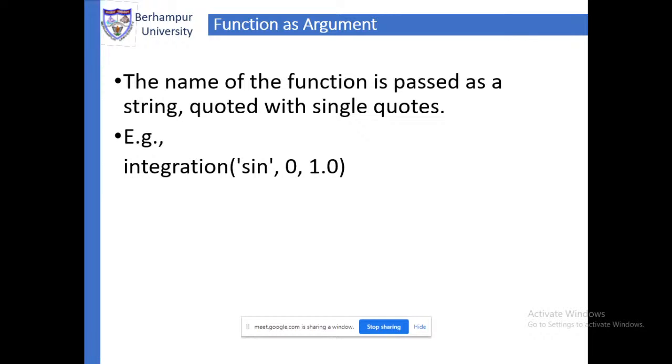Now you can see the function is the sine function. What we are doing here is giving a command which is going to integrate the sine function from 0 to 1. So sine is within single quotes, 0 to 1, and integration is the name of the function.